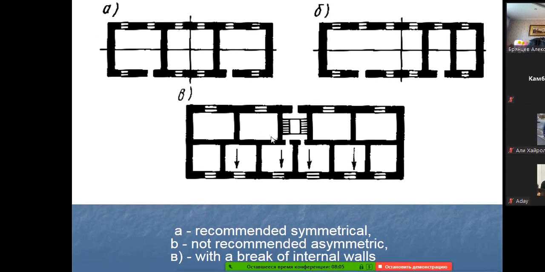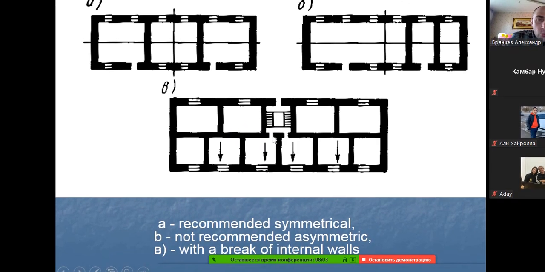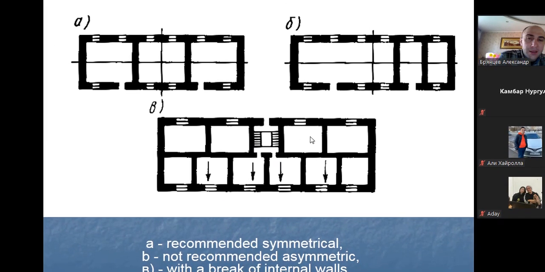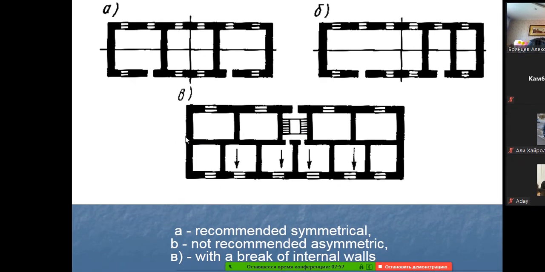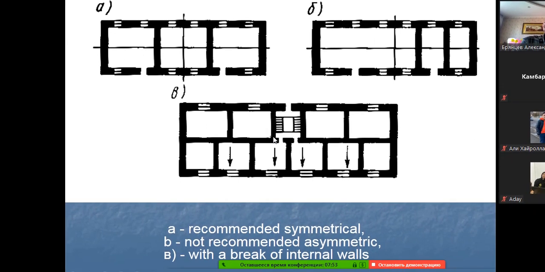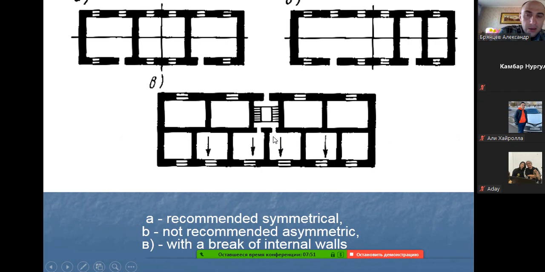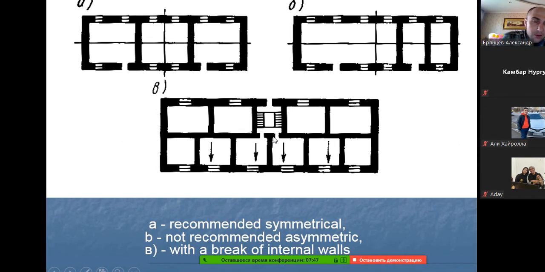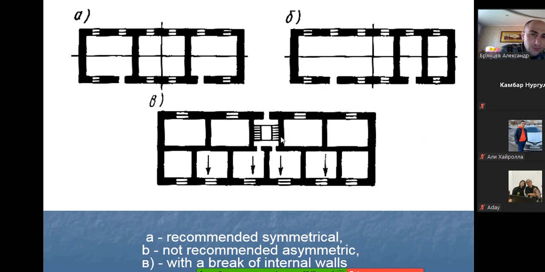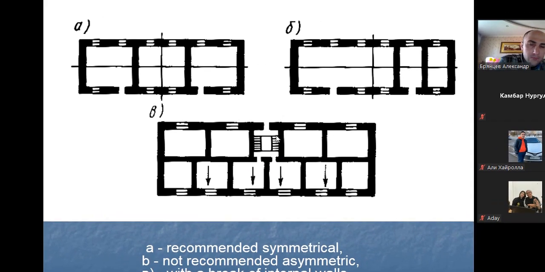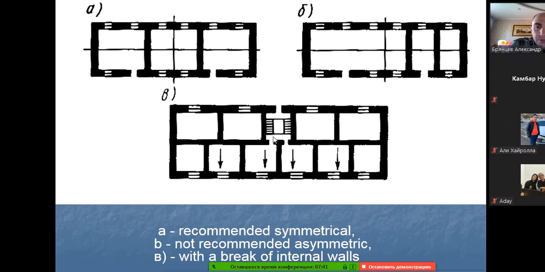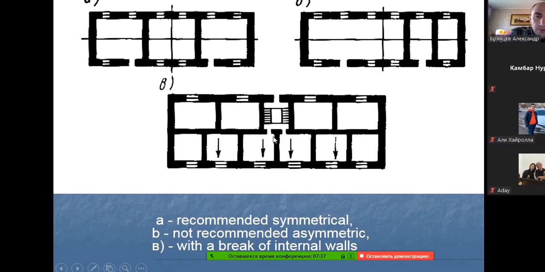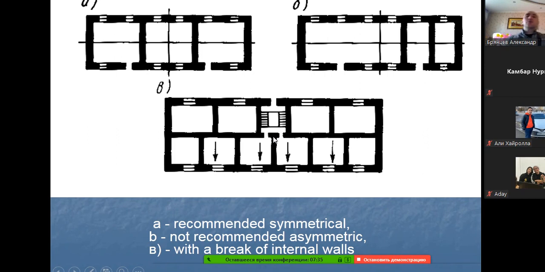Here the bearing wall is located in the longitudinal direction, and in the central part, where the lattice or elevators are located, there can be free openings for technological purposes.